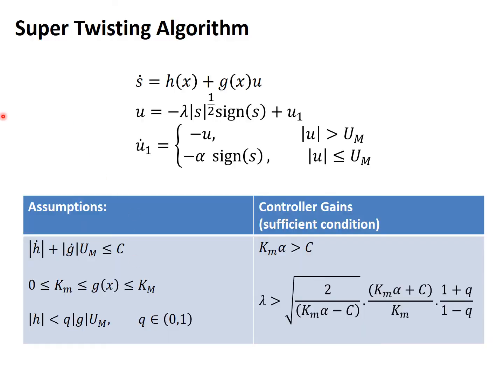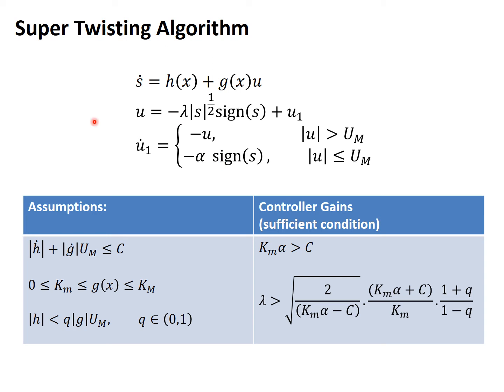So as you have seen, the super twisting algorithm looks like this. This is the form of the super twisting algorithm that we have proved convergence for, and these are the assumptions and the controller gains that we had for this form.